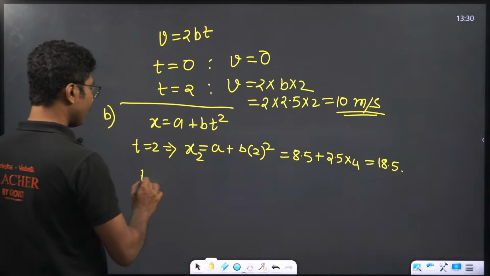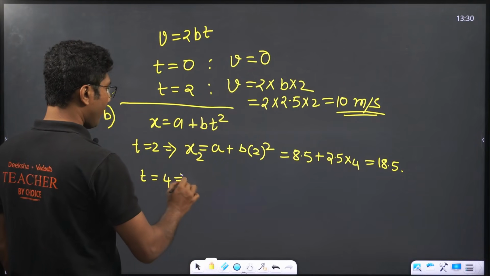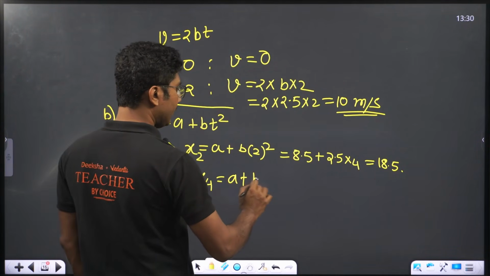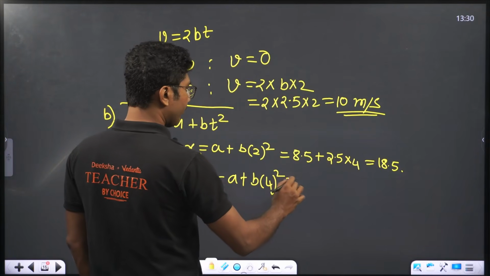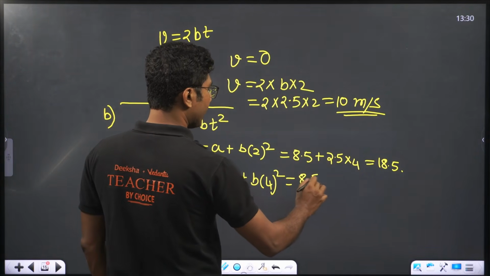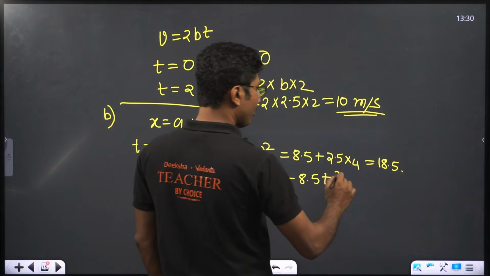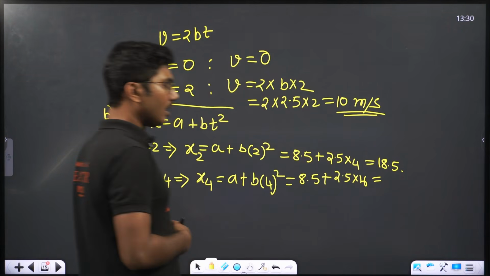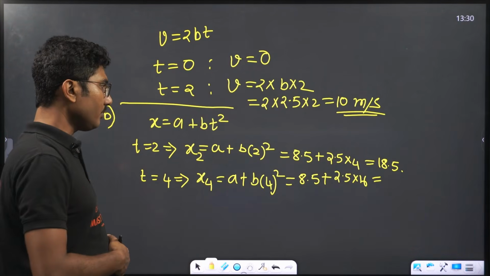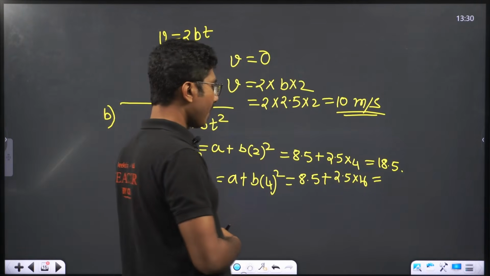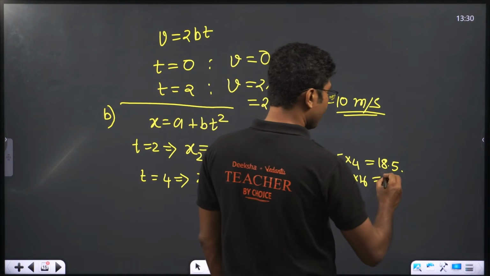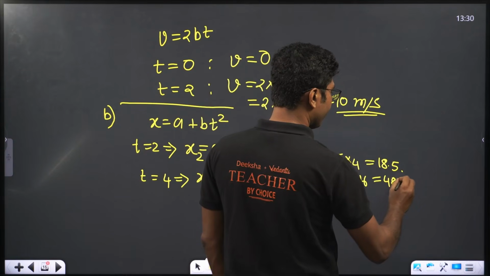At t equal to 4, x4 equals a plus b 4 square, which is 8.5 plus 2.5 into 16. So it will be 40, 40 plus 8.5, so 48.5, right?